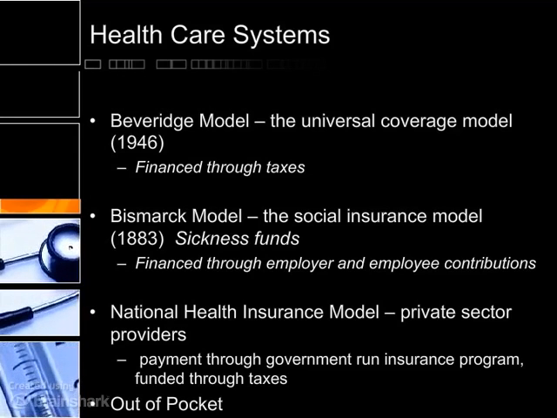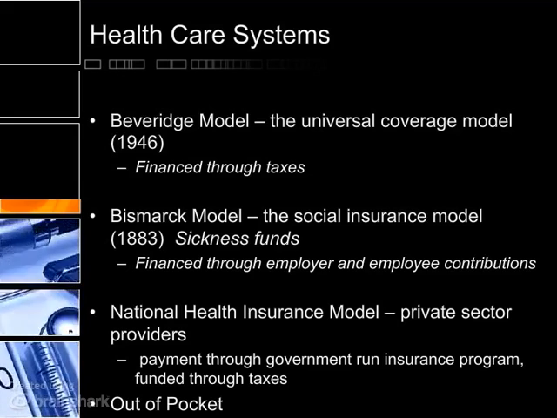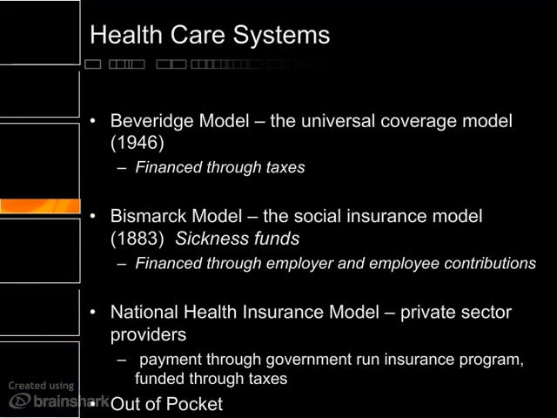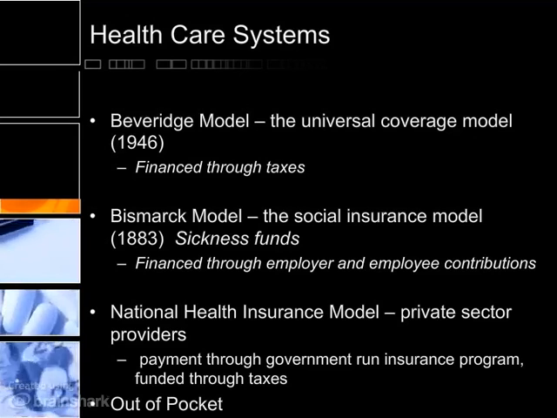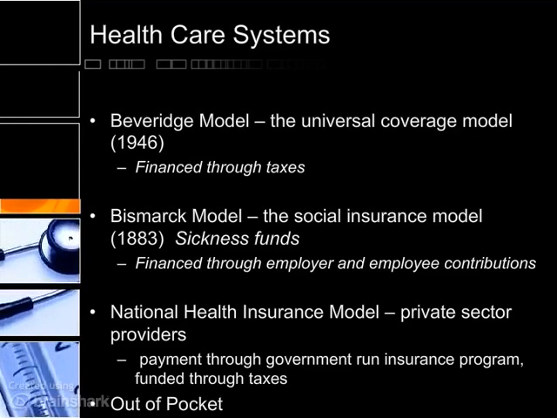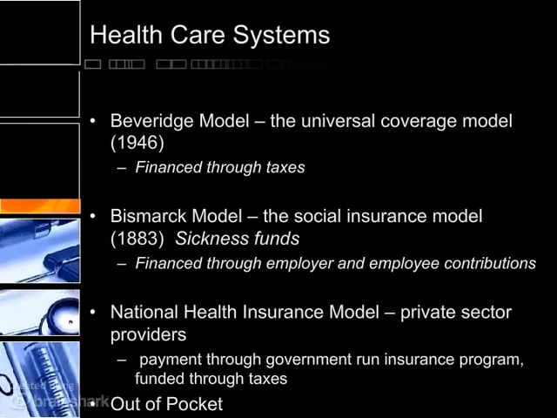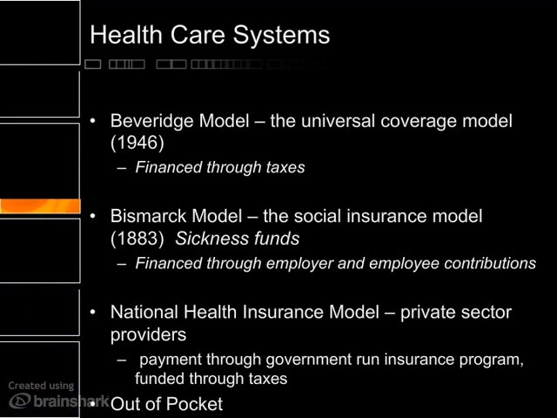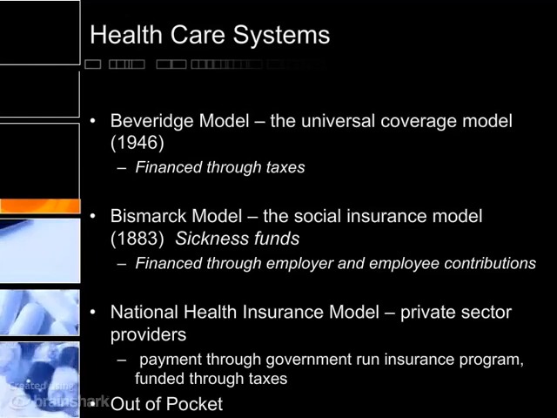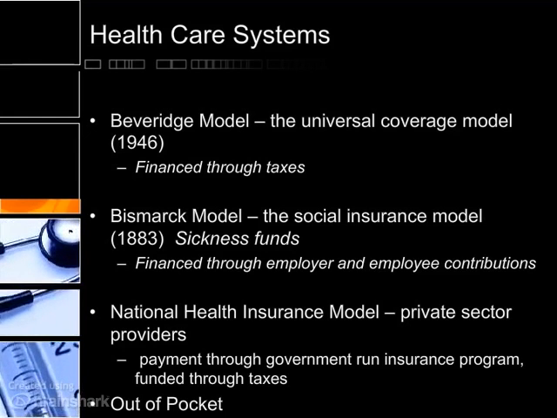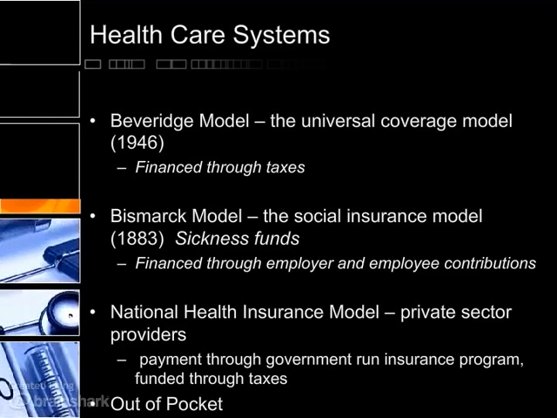But when it was conceived, it was a very economical model. And unlike the U.S. insurance industry, the Bismarck type healthcare insurance plans don't make a profit. And so I think that's one very big difference between that model and the U.S. model. And it's a universal model in Germany, for example.